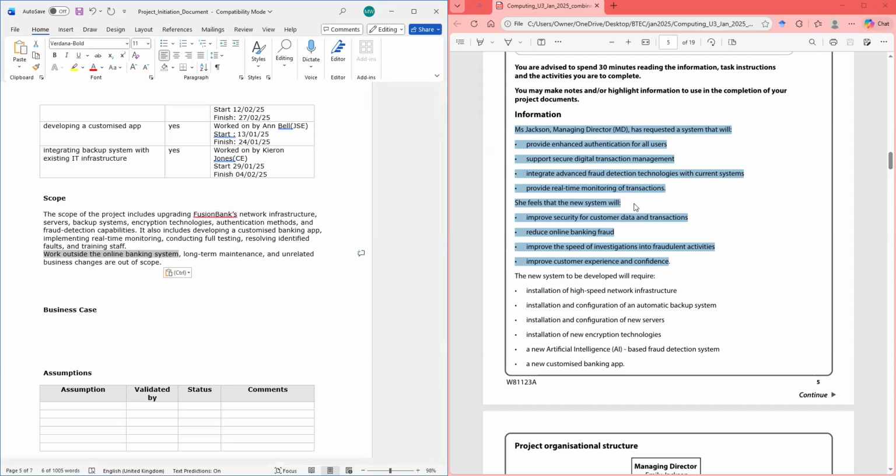So all of this is the scope right here. All scope. And then you have to say what it doesn't include with the scope. So this is the scope. What are we doing to the bank?